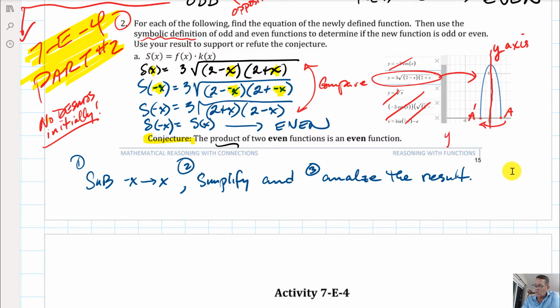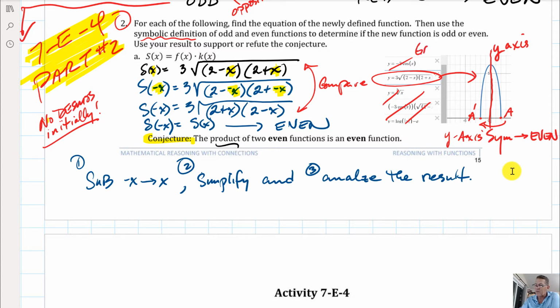We call this y-axis symmetry, and because of that, we call it even. So you can check your results in Desmos. We've done it twice before, but if you still need a review, go ahead and type the function in and check it out. All right, but you got to learn this symbolic approach versus the graphical.